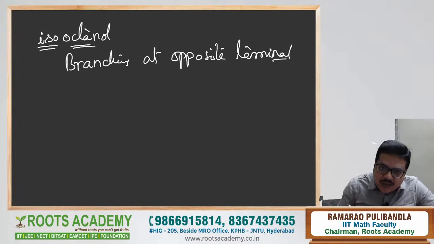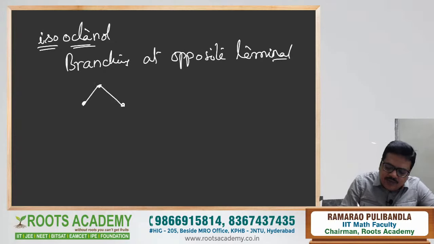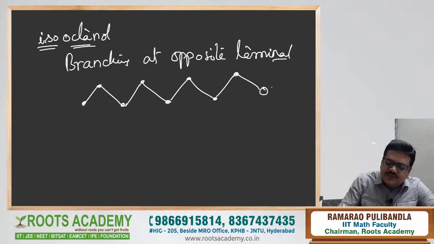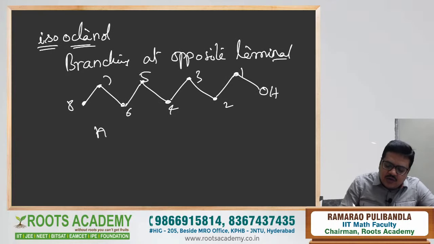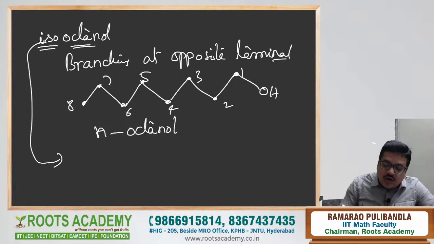First you write octanol: 1, 2, 3, 4, 5, 6, 7, 8, OH. It is called n-octanol. I want to write isooctanol. Whenever I use the word iso, there is branching. This is the branching.